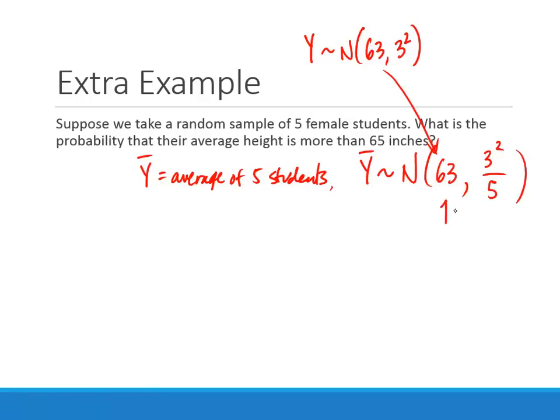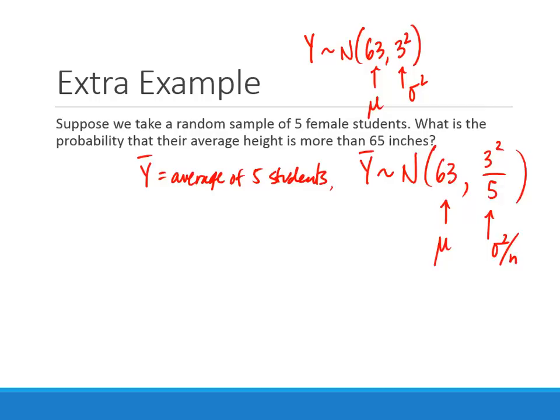This is the same mu as we had for our original distribution, and this is sigma squared divided by n. Okay, so that's all our setup here.